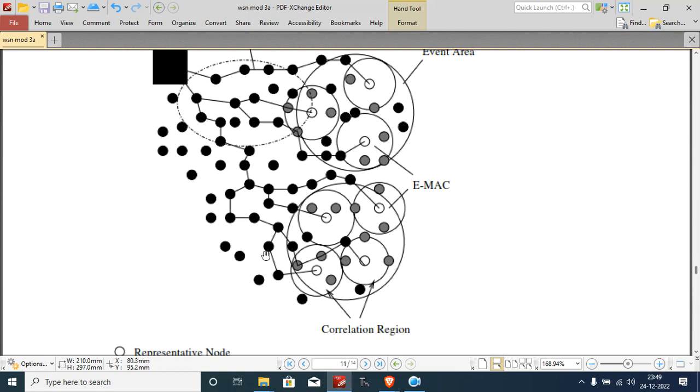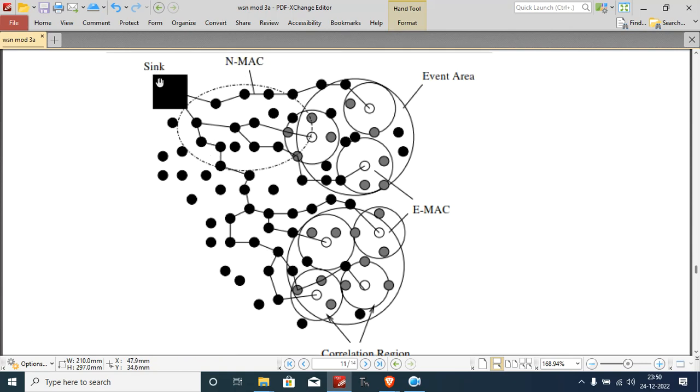Here you can see these are all the correlation regions. These are all the correlation regions containing a coordinator, and this coordinator in turn receives the data from all these neighbors, and it routes that data through the relay nodes all the way to the sink. So this is the sink.